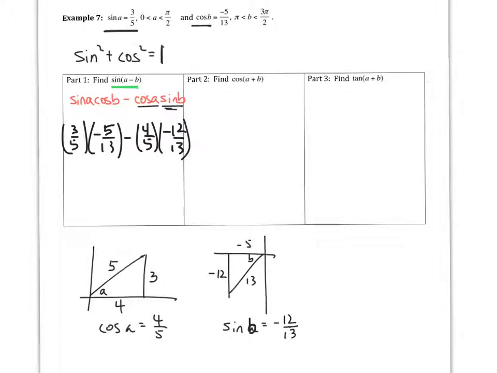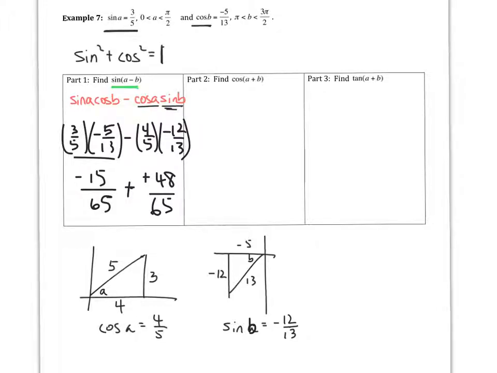Okay? All right, after that, it just comes down to your basic math. So 3 times negative 5 is negative 15. 5 times 13 is 65, minus, and then it looks like I'm going to have a negative 48 over 65. And then combine them together.